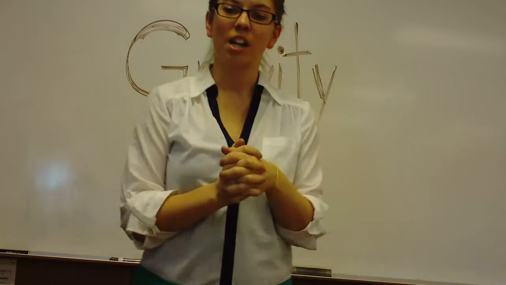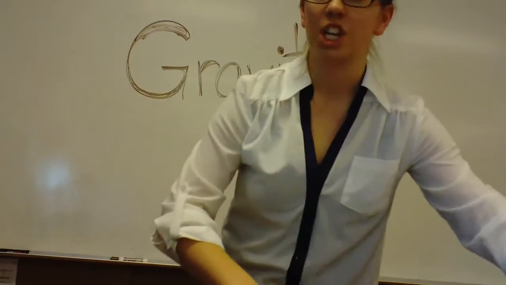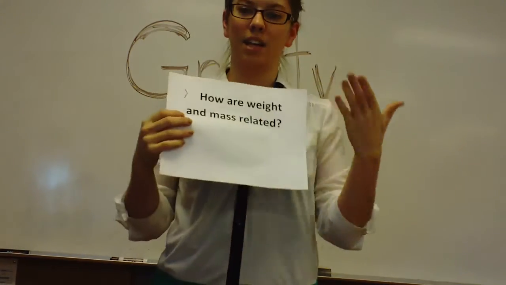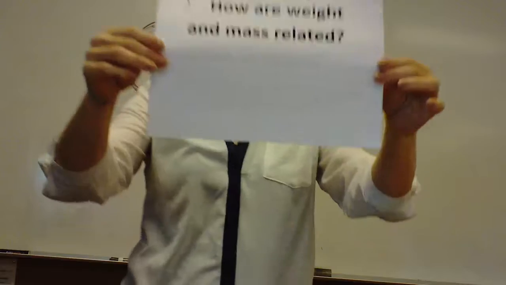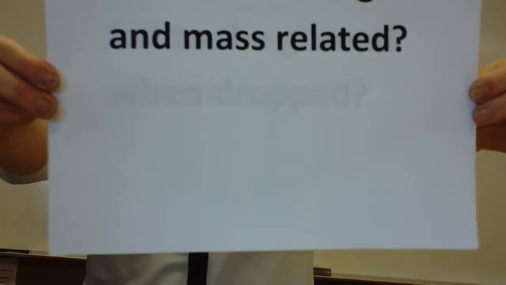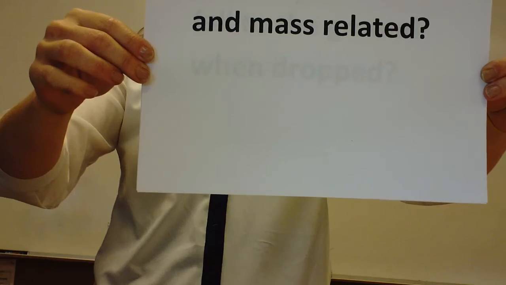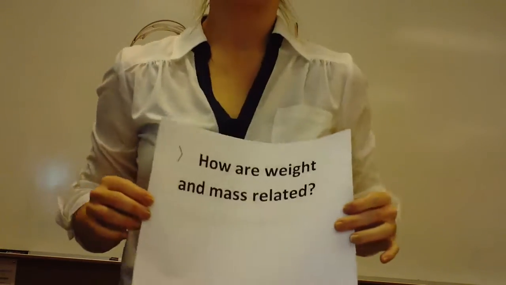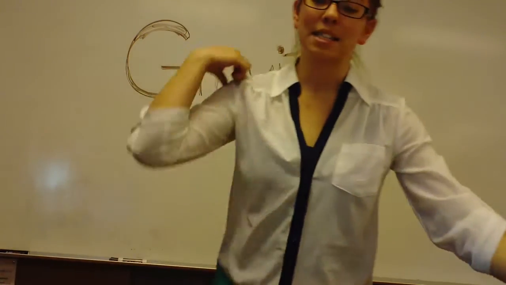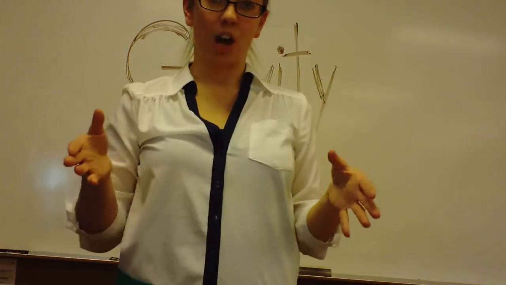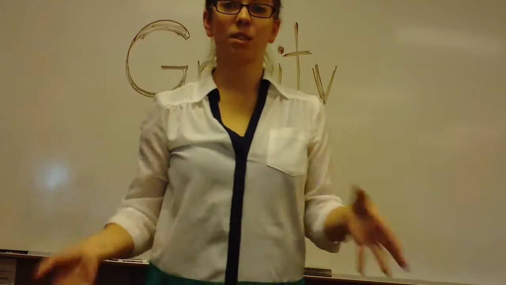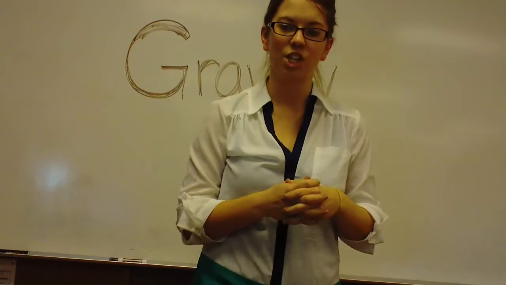To get us started, the very first question that was asked in your notes packet was, how are weight and mass related? Well, weight is equal to the mass of an object times its free fall acceleration.